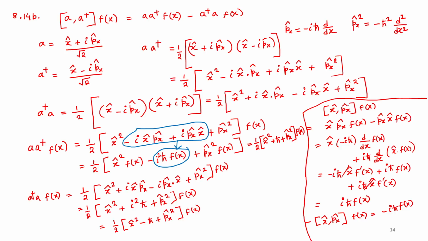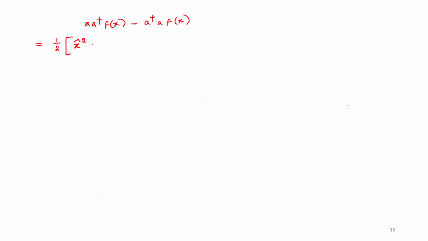So a dash f of x minus a dagger a f of x is half x square. Then we got plus h cut plus px square f of x.